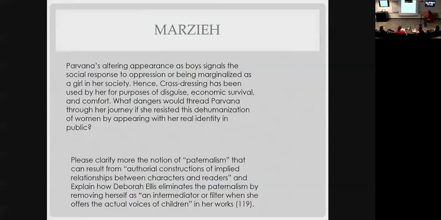Because she is an intermediary by creating them in the first place. And she has an agenda to do it. She wants the rest of the world, mainly North America, to understand what's happening to these children.